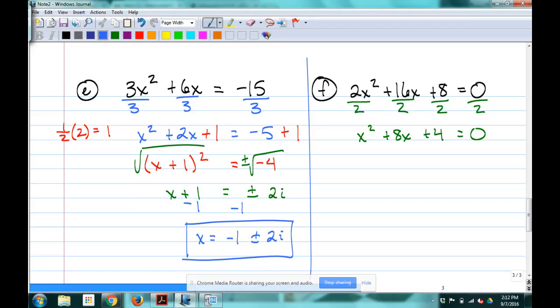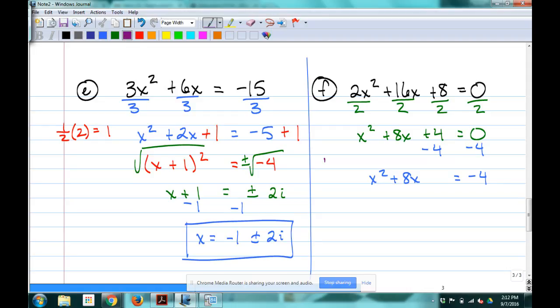Okay. So we got rid of the 2 that was in front of the x squared. That's a good thing. The next thing we do is what? That's right. Move the 4. That's that constant term. That's going to give us x squared plus 8x is equal to negative 4. Now we need to find what? Half of 8x.